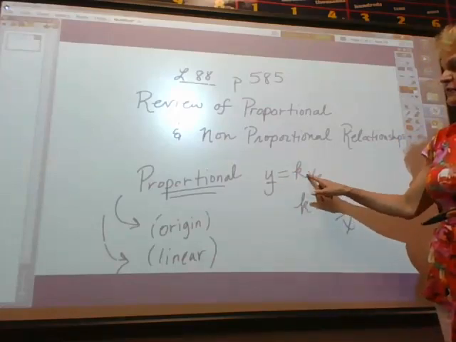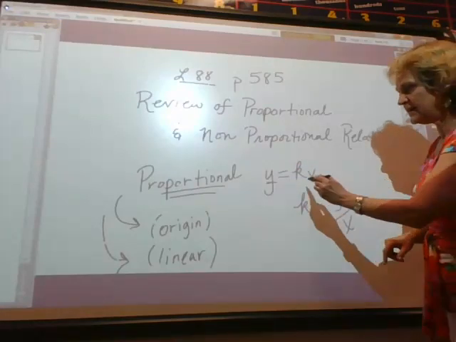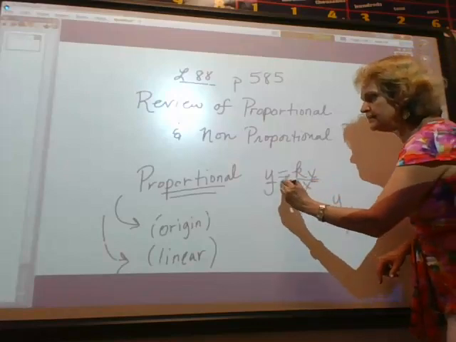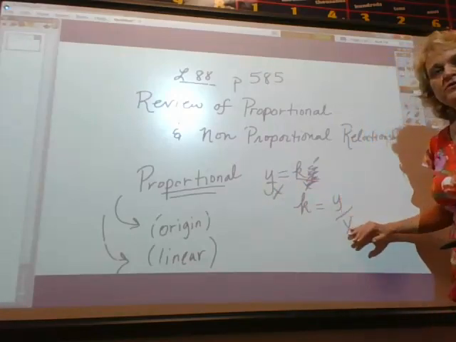If I'm solving for the constant, I could algebraically divide both sides by x, couldn't I? And so k would be y over x.